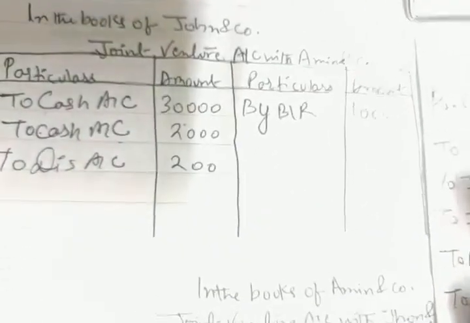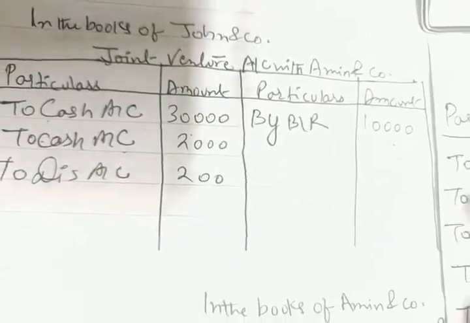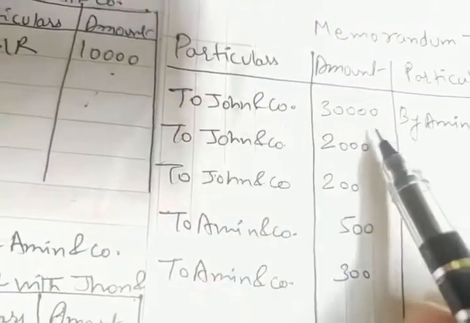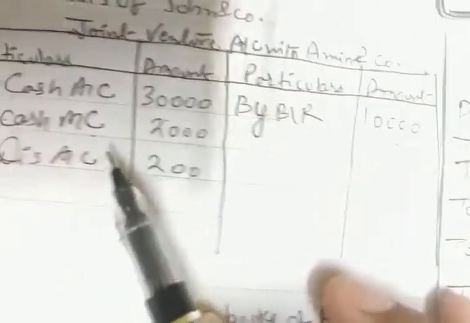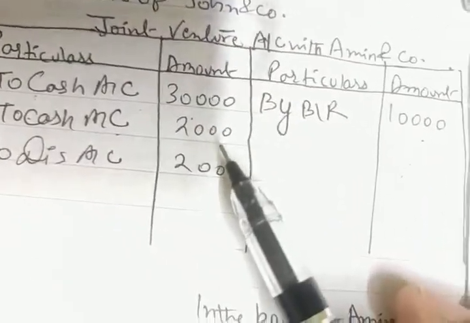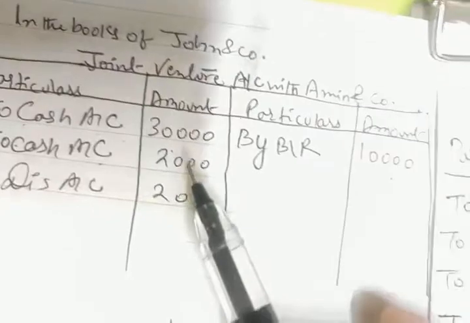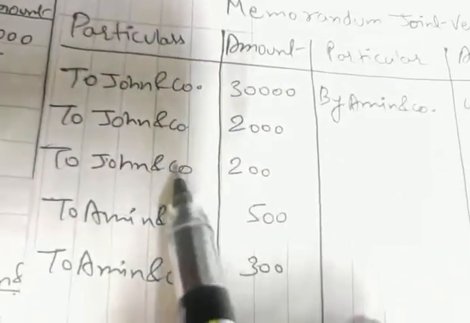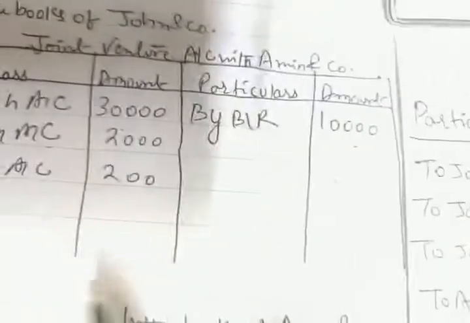If not, you can cross check. In the books of John and Company, we had what? Cash account 30,000, that was purchase of goods. So the same we have entered in the name of John only. Then we had the expense of 2,000 by John and Company. The same thing we have mentioned here also in your memorandum joint venture account, John and Company 2,000 expense.